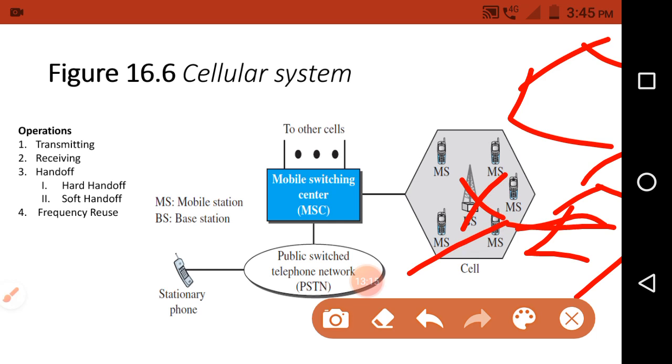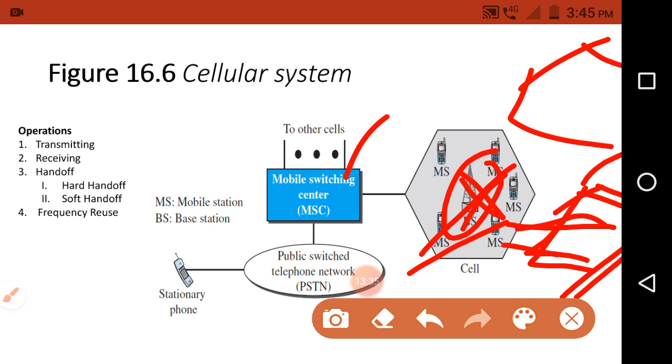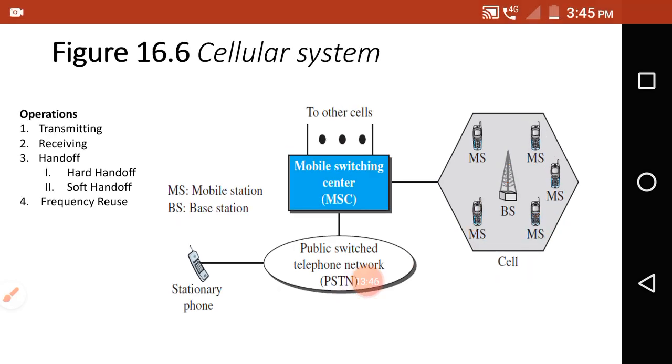So how do we find a solution for that? The mobile switching center will monitor the signal every second. If it comes to know that the strength of the signal is decreasing, then it will allocate a new cell for that particular mobile station, and also assign a new channel to carry the call. That is what we call a handoff.